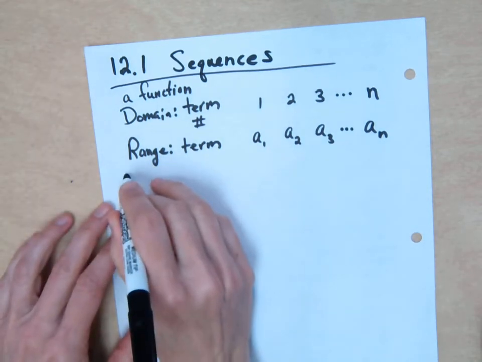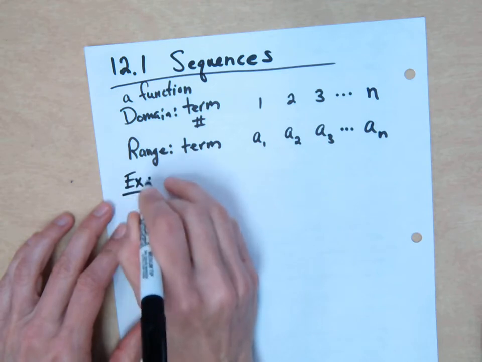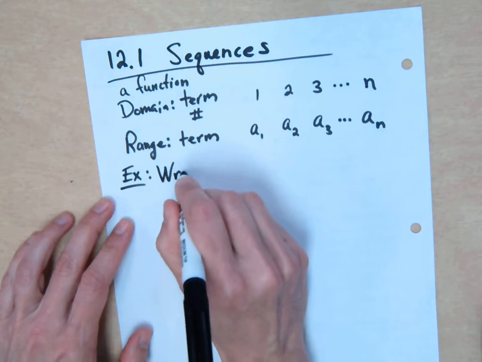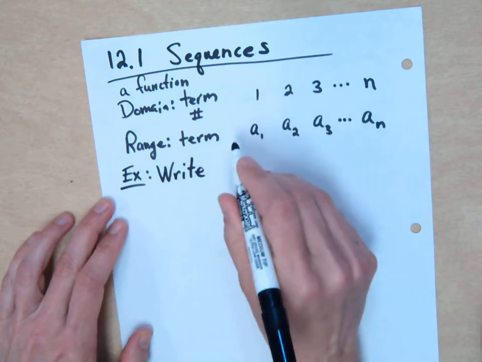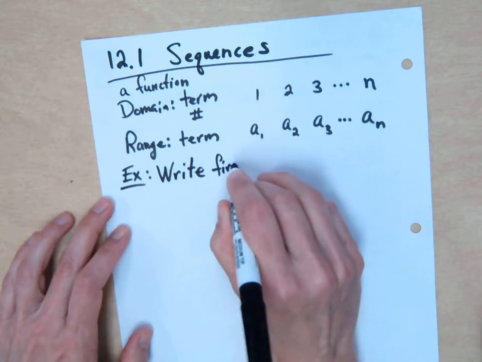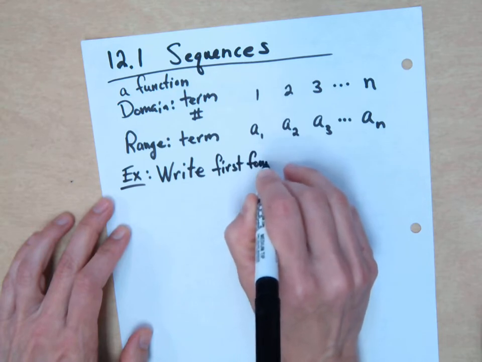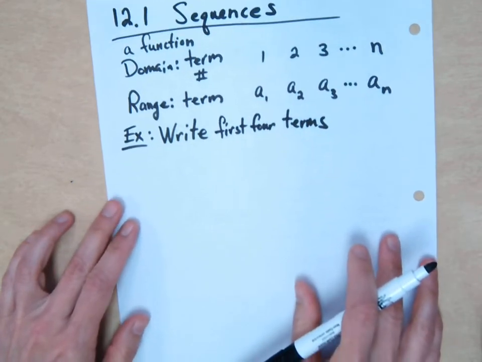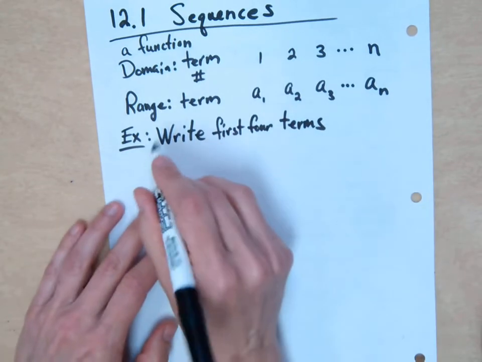So there are 2 different directions we can go in. The first direction is we write out the terms given the equation. Write the first 4 terms. We're given the equation, and we just expand on it.